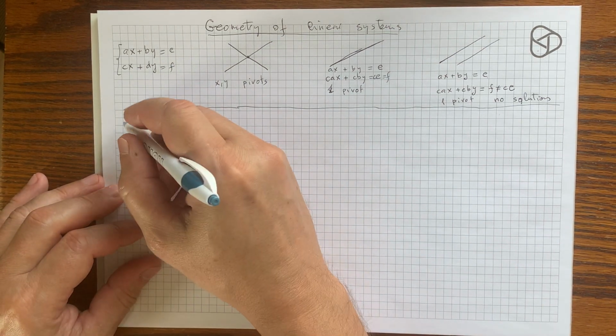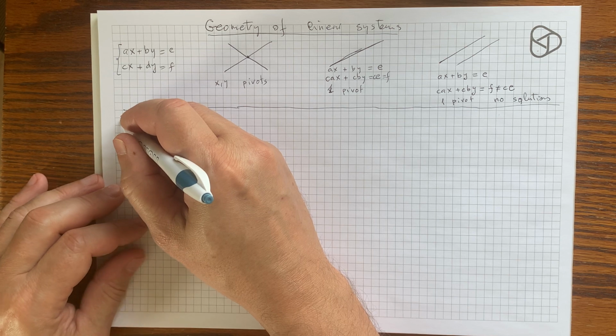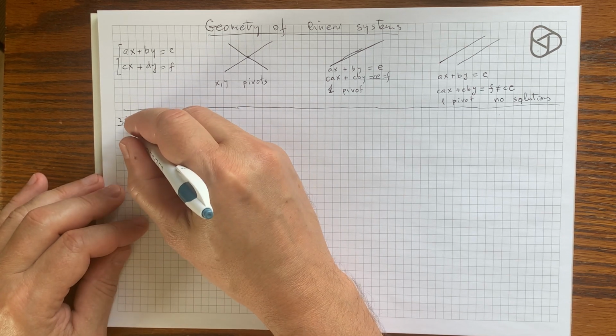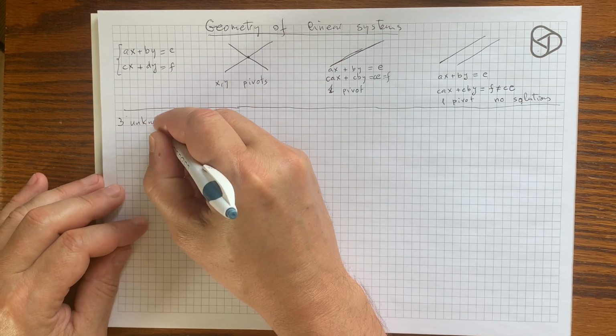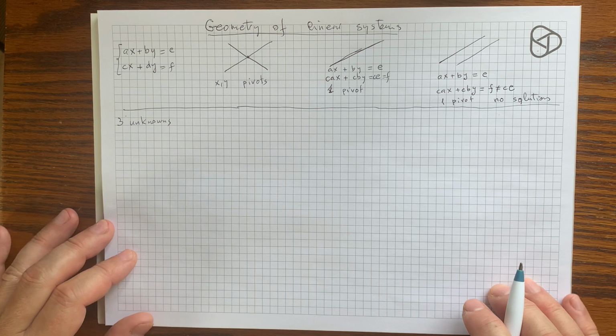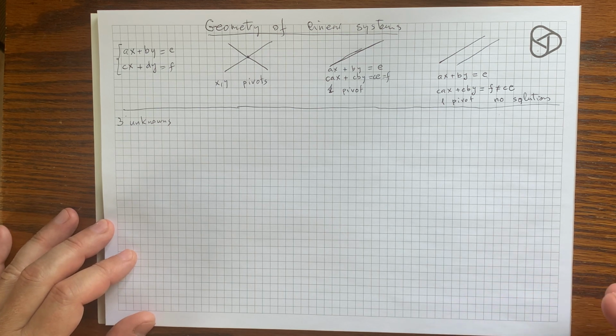The next case we could geometrically draw is the case of three variables, three unknowns. In this case, we will have geometric shapes inside the three space with coordinates x, y, z.